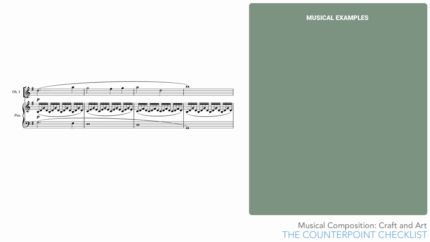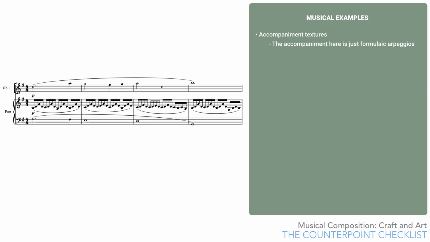Another important application of counterpoint is accompaniment textures. Here's an example. The accompaniment here is just formulaic arpeggios. It provides harmonic support for the soloist playing the melody, the figuration is very predictable, and it's not interesting for the pianist to play.